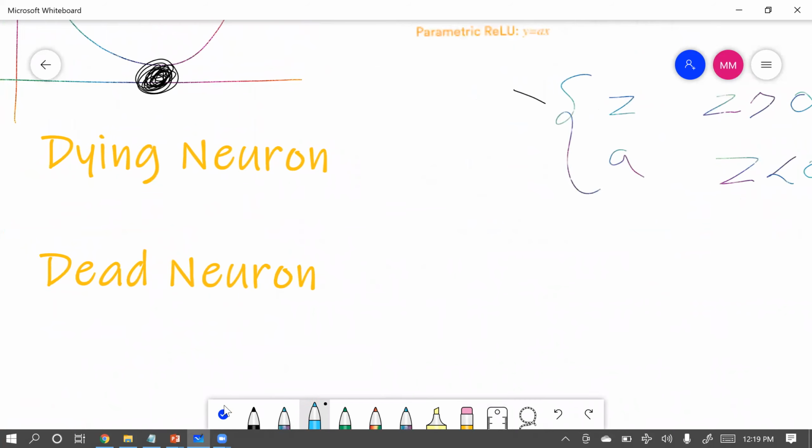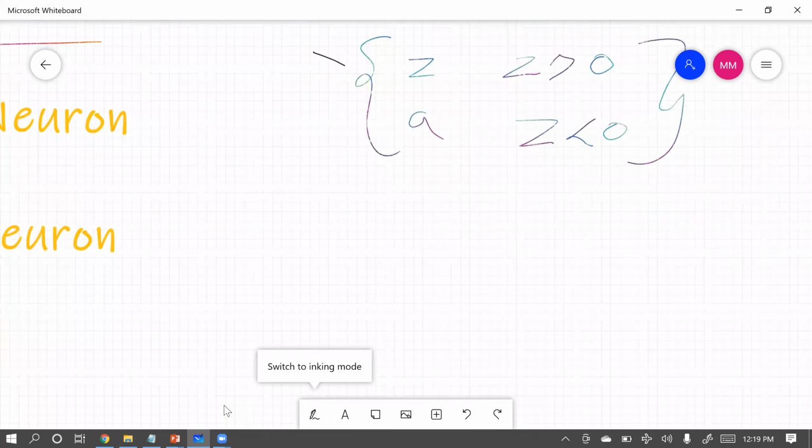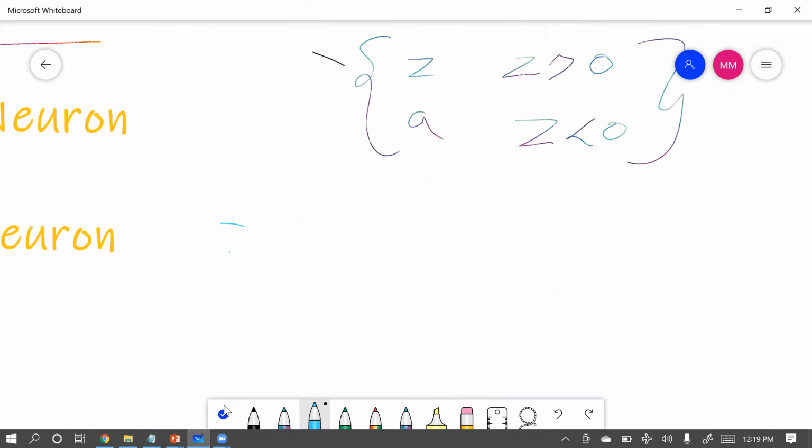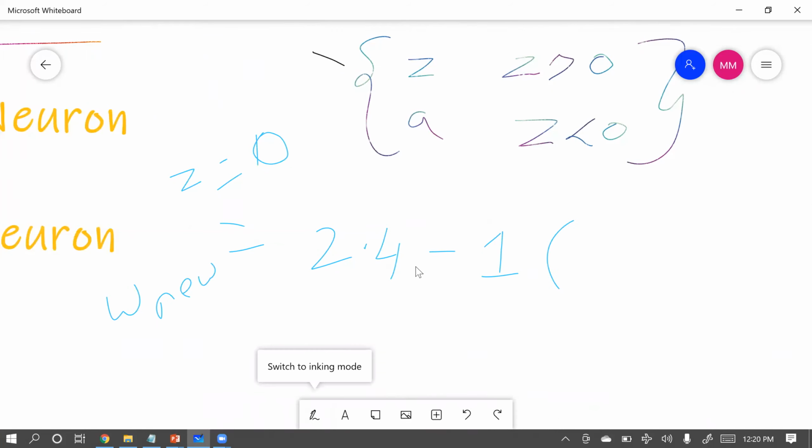Now we'll try to calculate our function. w new is equal to w old. What is w old? 2.4 we calculated, right? And when z is equal to 0, minus learning rate. Learning rate we will keep as 1, where we know z is equal to 0. That means instead of 0 we will give one new parameter, a. We can give any value to this parameter a.